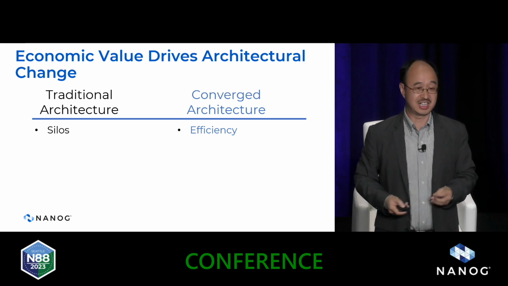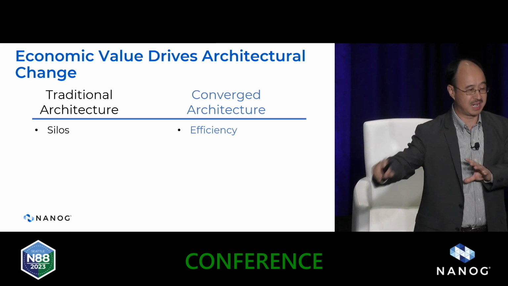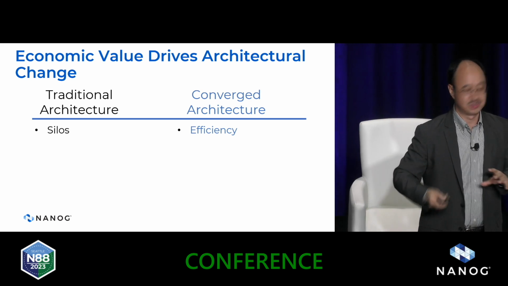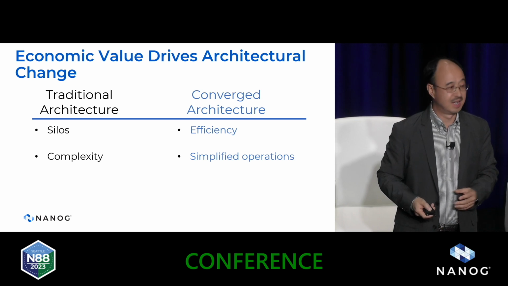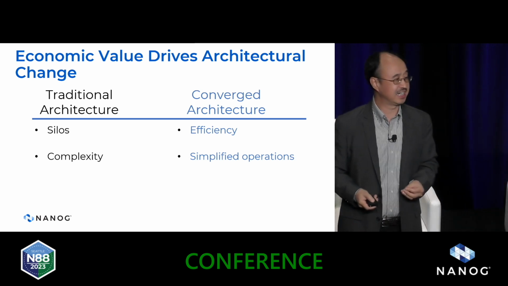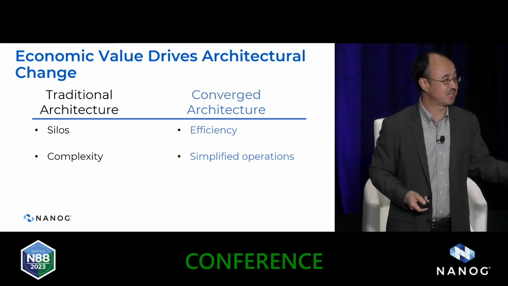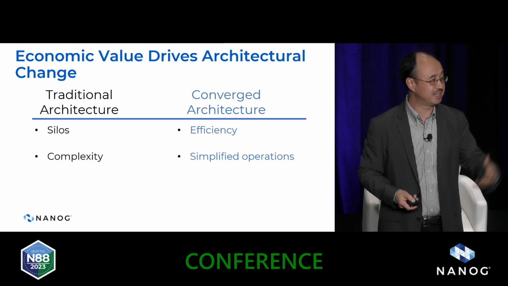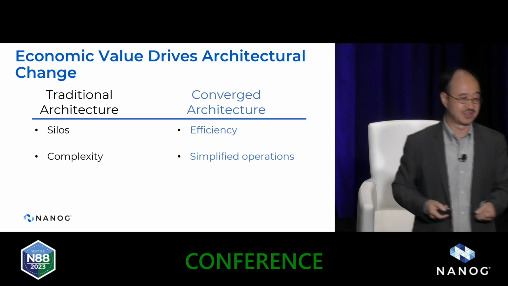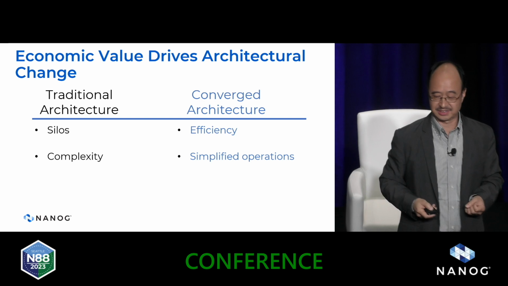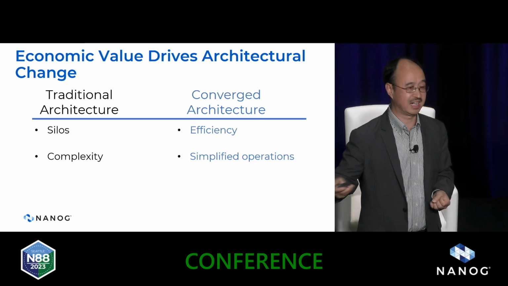With the converged architecture, what we're really trying to do is break these silos and the boundaries between the layers so that we can increase efficiency. Because of the silos of the layers, you get complexity and some resources overlapping between the layers. With the converged architecture, we're trying to get to a much simplified architecture, and with it, simplified operations.